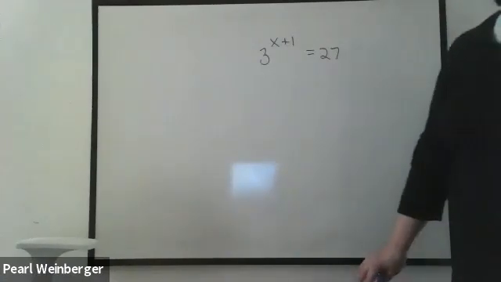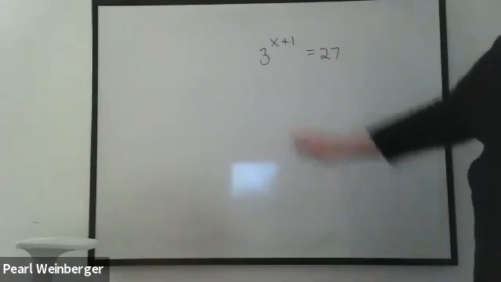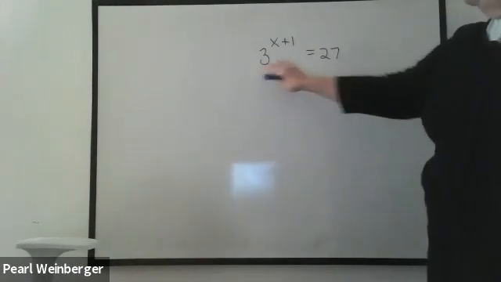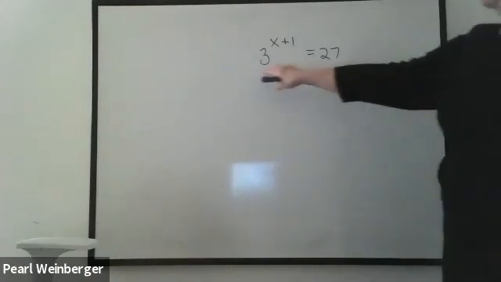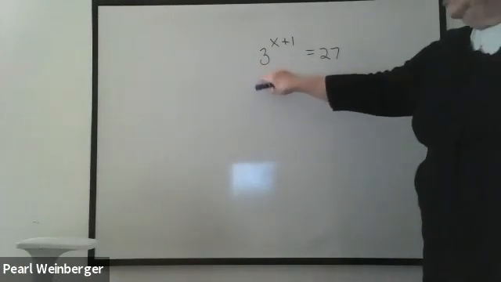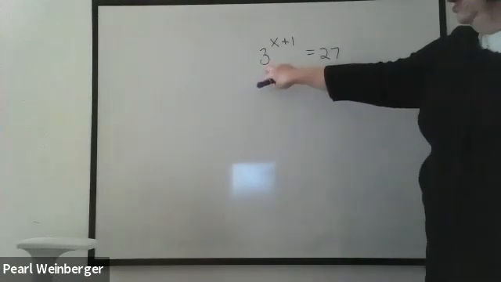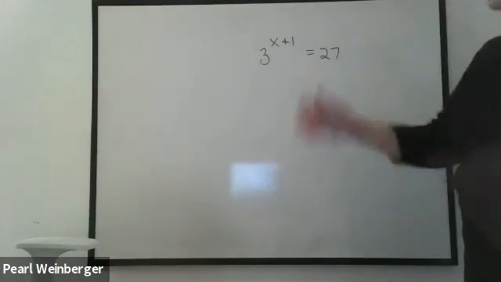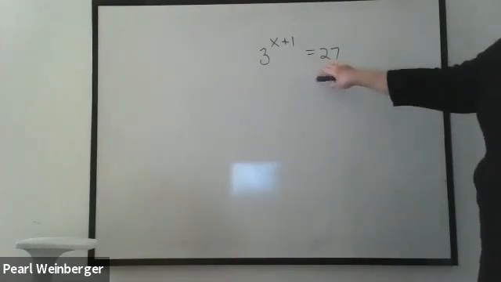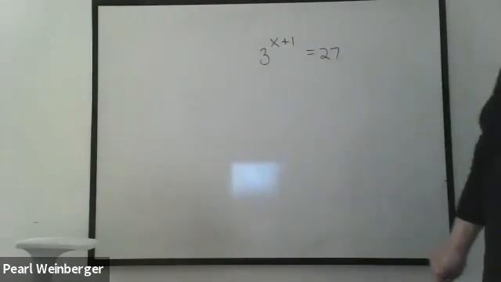One way of solving it is to put both sides in terms of the same base. This is written in base 3 because it says 3 to the x plus 1. Try and write 27 in base 3.